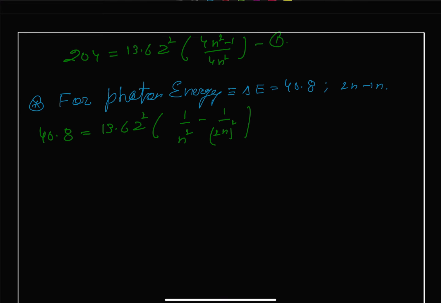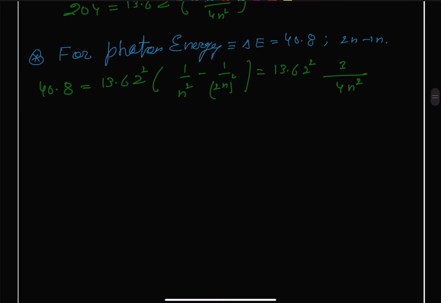This can be sorted out and we get 13.6 Z square, the LCM will be 4n square, and this comes as 4 minus 1, that is our 3. So 40.8 is equal to 13.6 Z square times 3 divided by 4n square. Let us call this equation number 2.